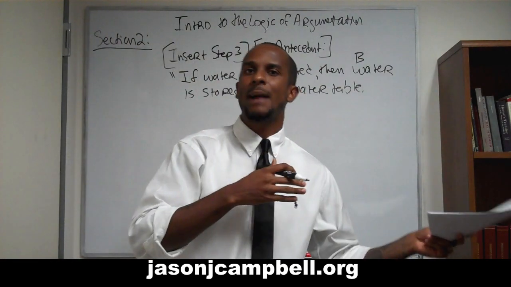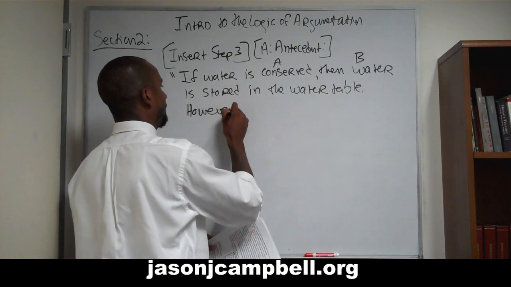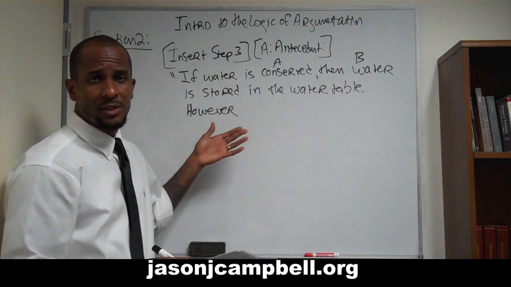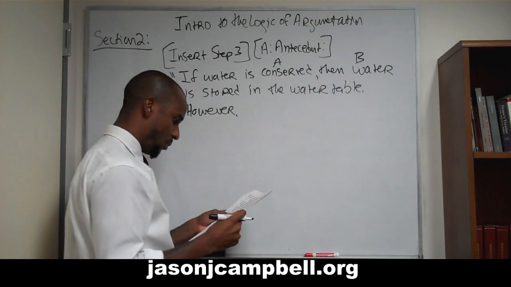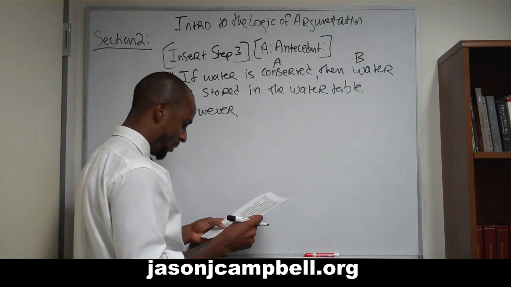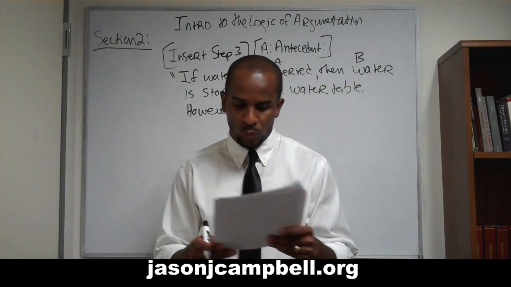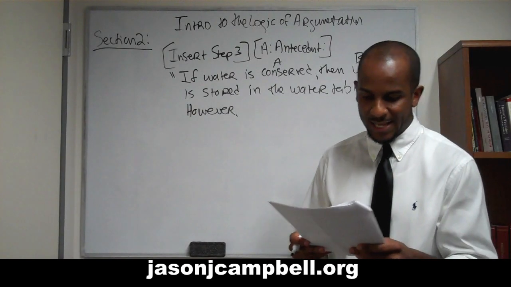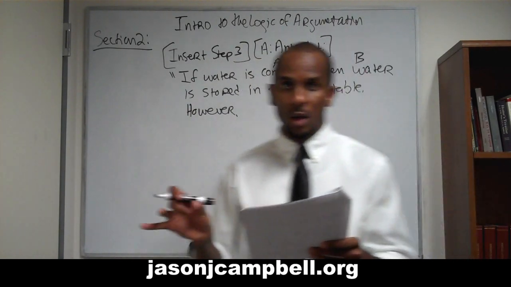However, that thing didn't happen. You might choose a different transition word, it doesn't really matter. However, so I wrote a good transition word, however, coupled with the word less, functions as the denial, right? And now the actual denial of the consequence.